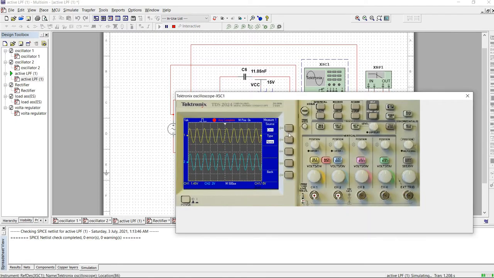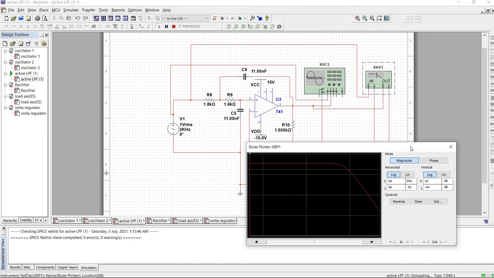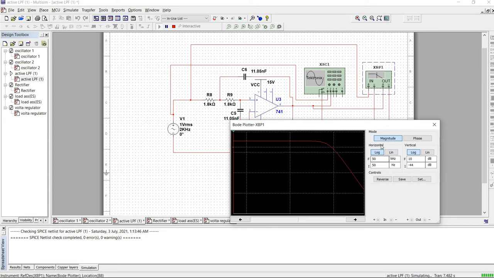For channel 1, I get a frequency of 2 kilohertz, and for my channel 2 it is also 2 kilohertz, and for my Bode plotter, for the vertical I get 10 dB, and the horizontal I get 50 kilohertz, and for my phase I get 720 degrees.